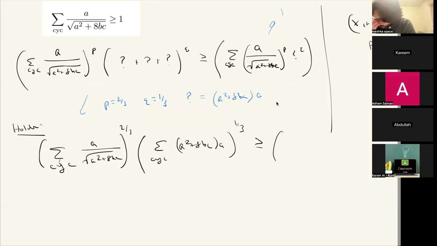And here this and this will cancel. Then we have a to the 2/3, a to the 1/3. We just have a. So it'll be a plus b plus c, or if you want to keep the same notation, the cyclic sum of a.